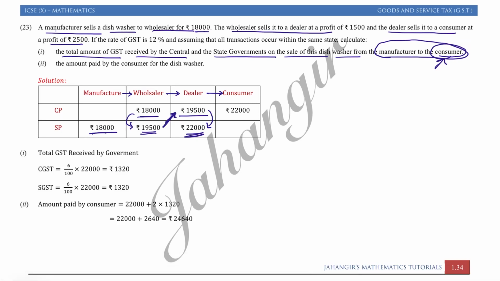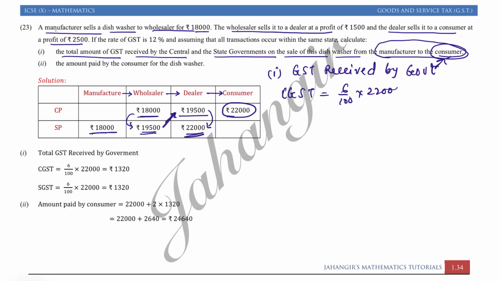So now what we are doing, we are finding the total amount of GST received by central and the state government on the sale of the dishwasher. So first part mein we will find GST received by the government. That is equal to CGST, central government का GST on this whole price, customer की price पे, that is 6% of 22,000.